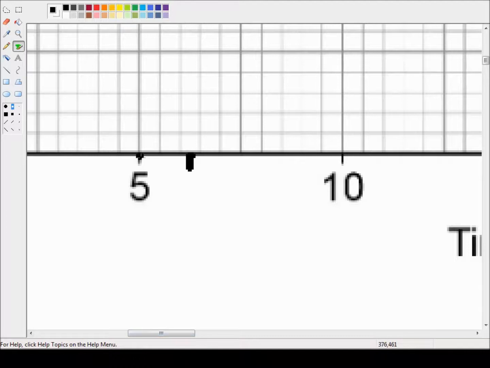Okay, so this is 5 and this is 10 seconds. So halfway between 5 and 10 seconds, well, there's a distance of 5 between 5 and 10, and half of 5 is 2.5. 2.5 plus 5, or 2.5 minus 10, is going to be 7.5. So this line here is 7.5.